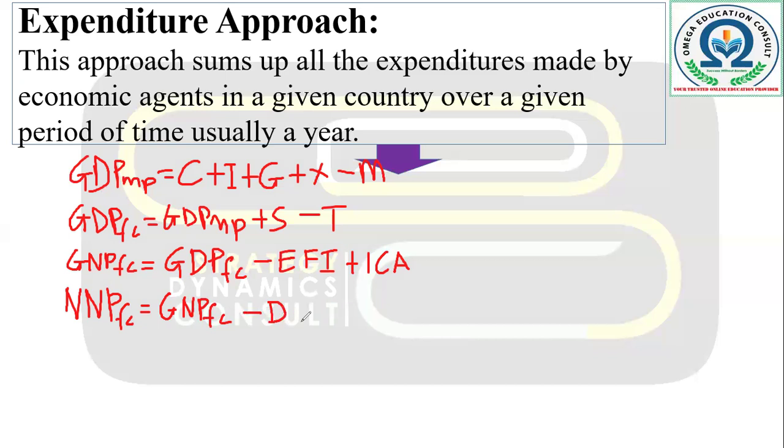Depreciation simply is the wear and tear of capital assets when they are used over time. So roads, machinery, buildings, and so on, when they are used in the course of the year, they undergo wear and tear. So we need to estimate the amount of depreciation that these fixed assets have undergone, and then we deduct, and that is what will give us the final value for the national income.